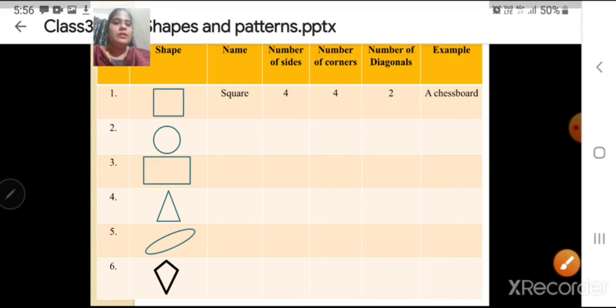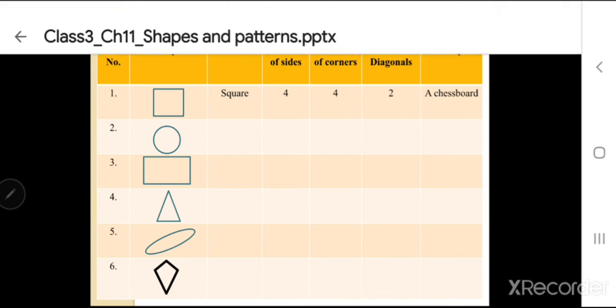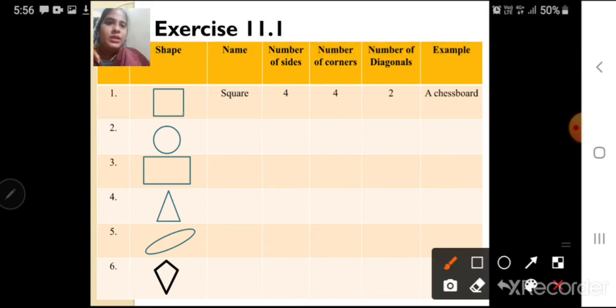Second one is a circle, correct? You can see the shape here, so you will write down circle. Then number of sides, do we have any sides here? No, it is a curved surface, so it doesn't have a side. So here we will write nil.